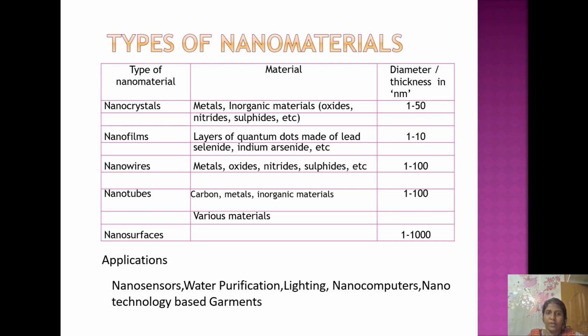Nanofilms, layers of quantum dots, are made of lead selenide, indium arsenide, etc., 1 to 10 nanometers. Nanowires: metals, oxides, nitrides, sulfides, etc., 1 to 10 nanometers. Nanotubes, which most researchers are working on in their projects, vary from 10 to 1 nanometer. Then nanosurface, 1 to 1000 nanometers.